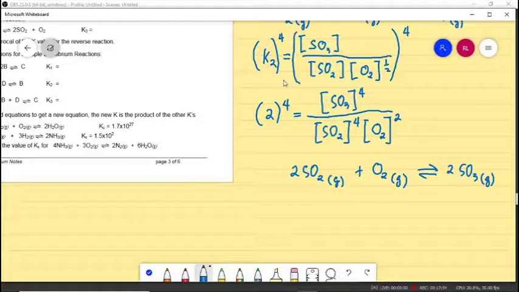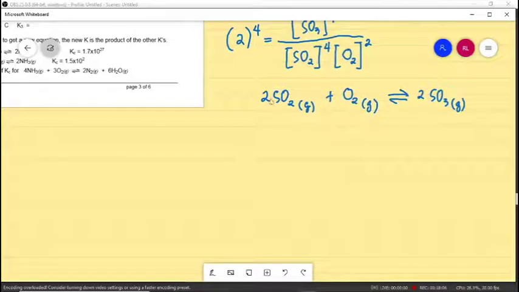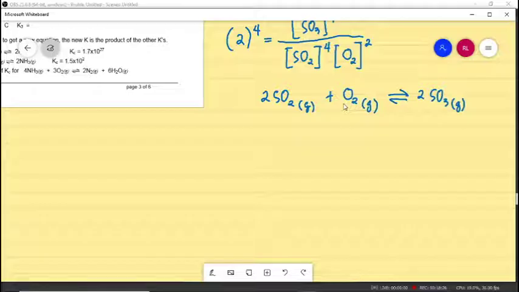So kanina ang ginawa natin, we multiply the equation by 4. This time, what about if we divide this equation by 2? What will happen? What do you think will happen to your equilibrium constant? Are you going to raise that the same as we multiply the equation? Or what do you think? Let's try.